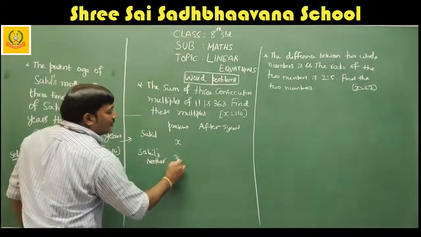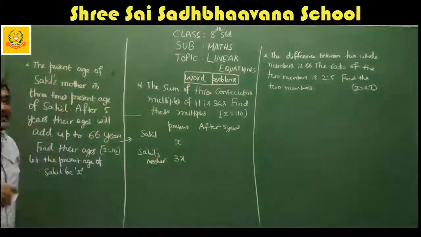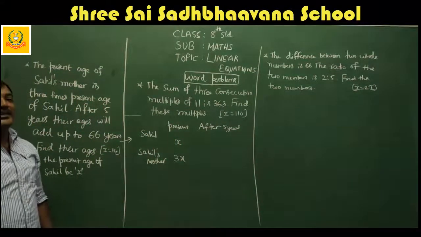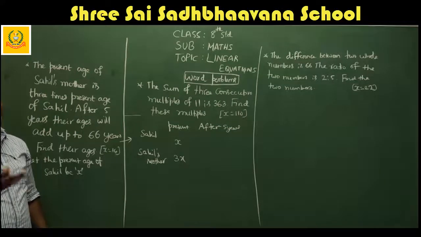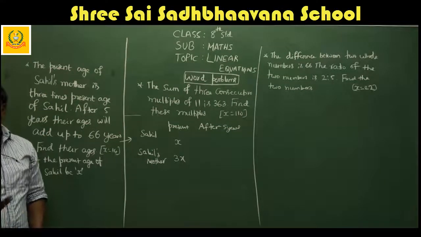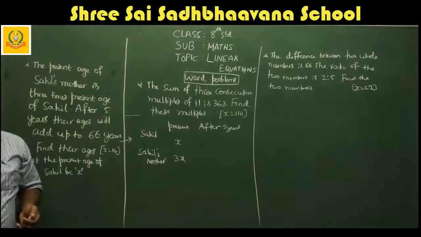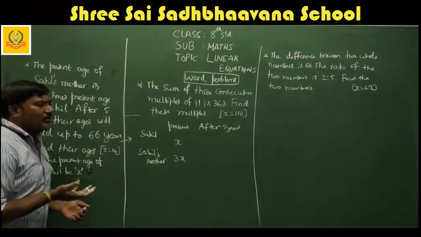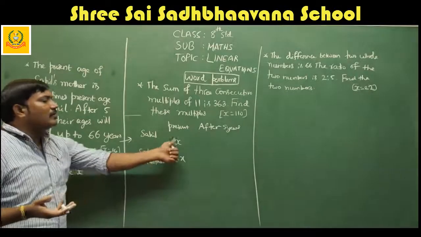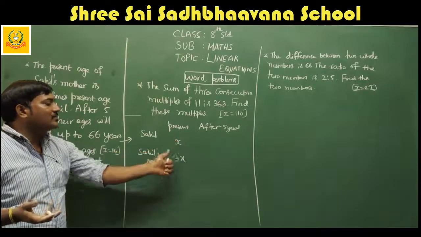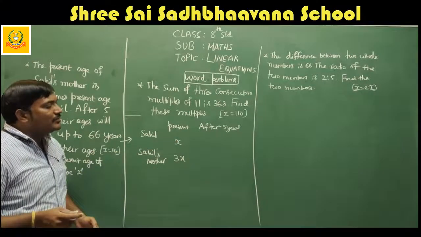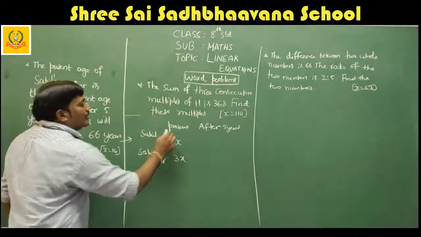Can't we write it as 3 into x? Because if your age is 13, your mother's age will be 13 into 3, which is 39. Obviously, your mother's and father's age will be older than us. So if x is Sahil's age, Sahil's mother's age will be 3x.